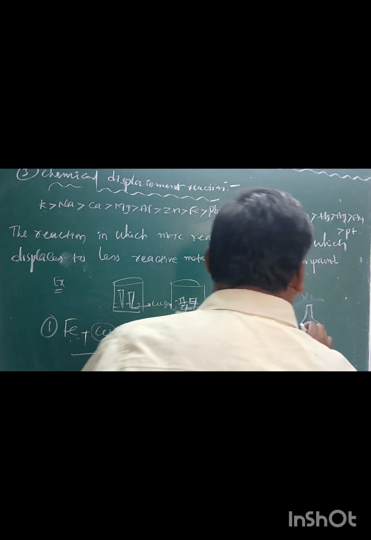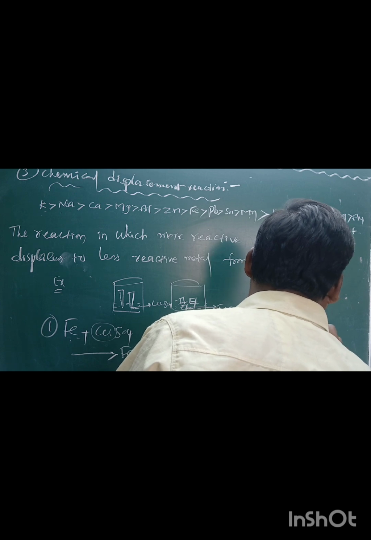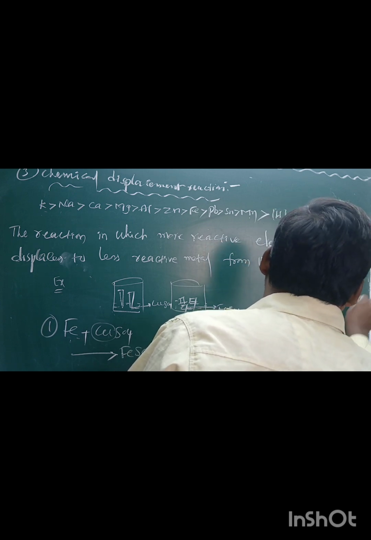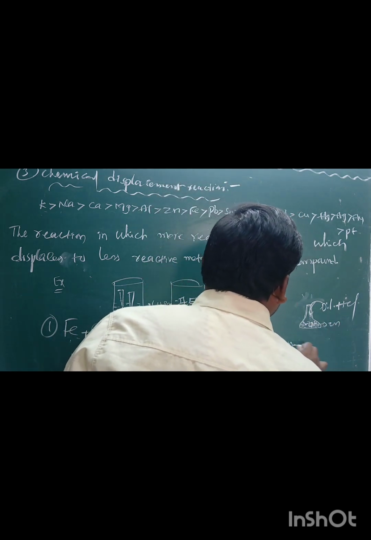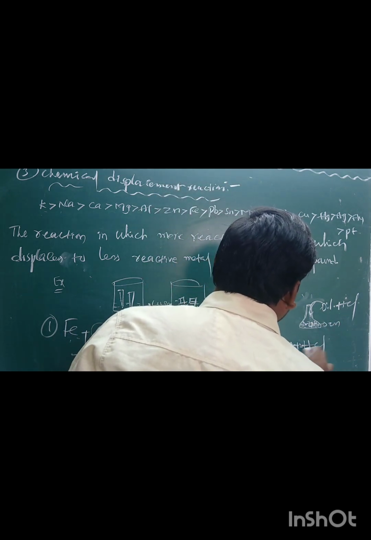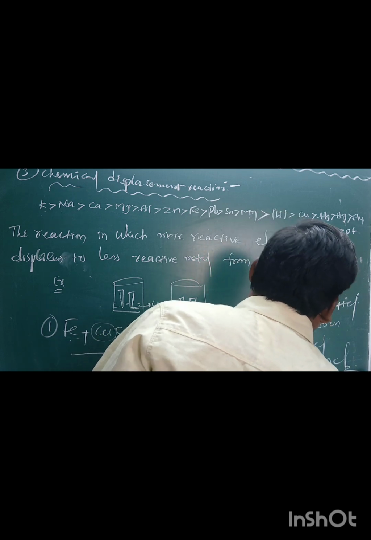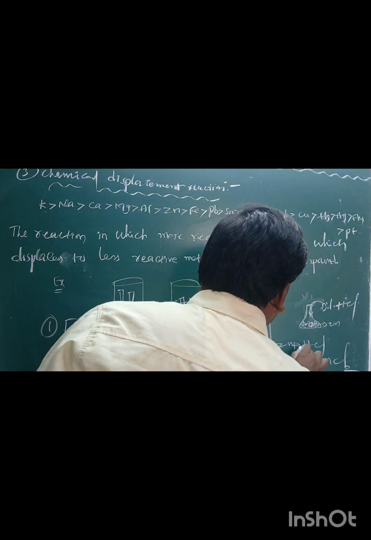This is a conical flask. Add 1 or 2 zinc granules. Add a few ml of dilute HCl. What happened? Zinc metal combines with hydrochloric acid to form zinc chloride plus H2. It is also a displacement reaction. Zinc is more reactive than hydrogen.